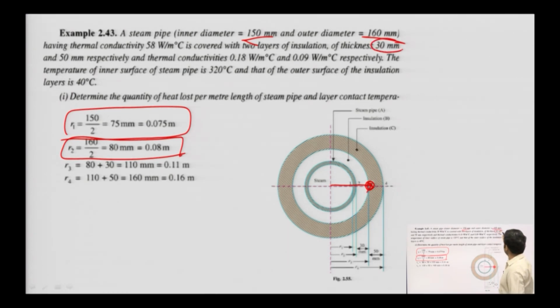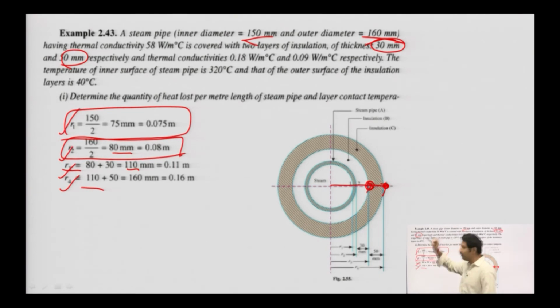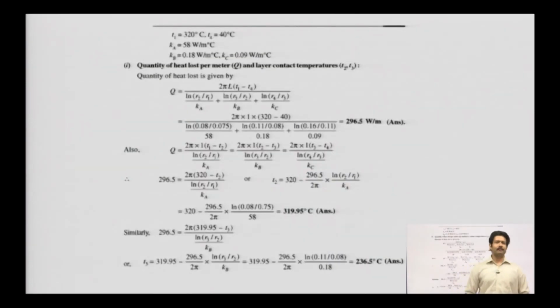Because the 30 mm of first insulation is added after R2. So this is R3. Now R4 comes after R3, where the thickness of the second insulation, 50 mm, is added, so it is 110 plus 50. So R1, R2, R3, R4, you have deduced all the radii from this numerical.